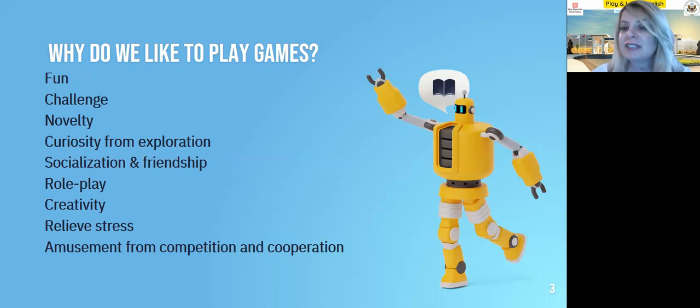We like the curiosity from exploration. It's the opportunity for socialization, creating friendship, or spending enjoyable time with friends. You do role plays. It gives you an opportunity for creativity. It relieves your stress, and people enjoy the competition and cooperation aspect of it.